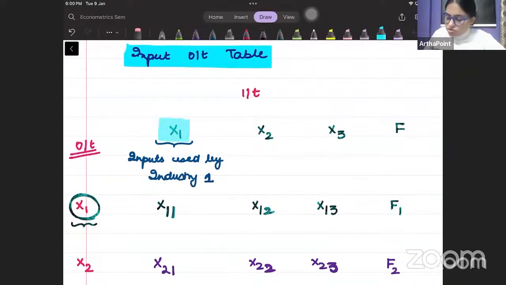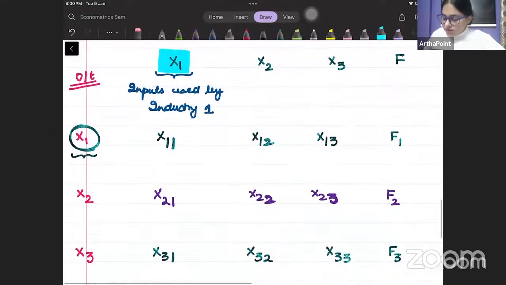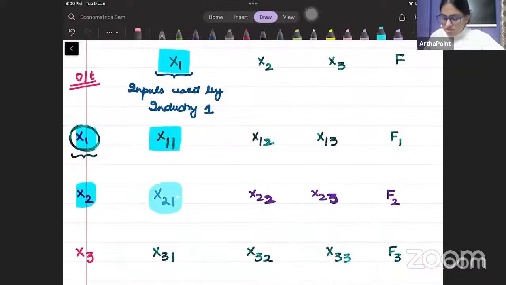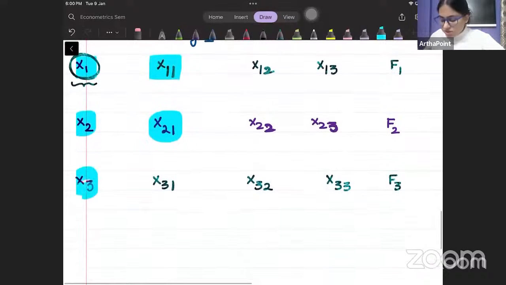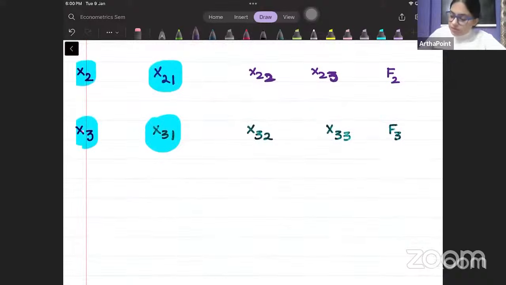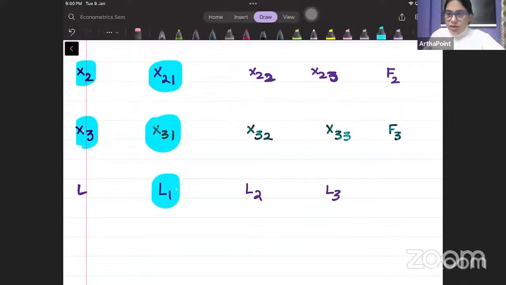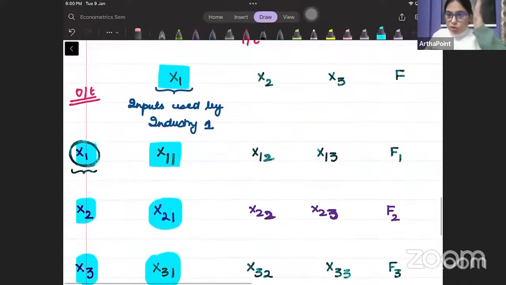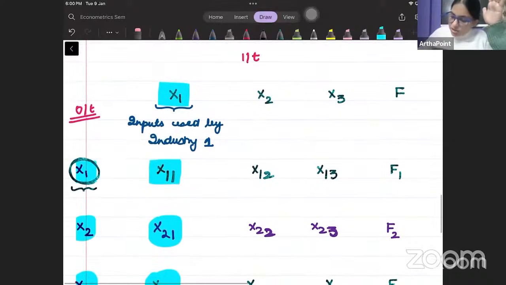Inputs used by industry 1, है ना. industry 1 अपनी खुद की इंडस्ट्री का from its own industry it is using this much. From industry 2 it uses this much as input. From industry 3 it uses this much as input. Maybe sometimes in exam you may be given an additional column of labor, so it may be using some amount of labor also. So industry 1 can use L1 amount of labor. But this column, अगर मैं column 1 देखती हूँ बच्चे, that shows input used by industry 1.